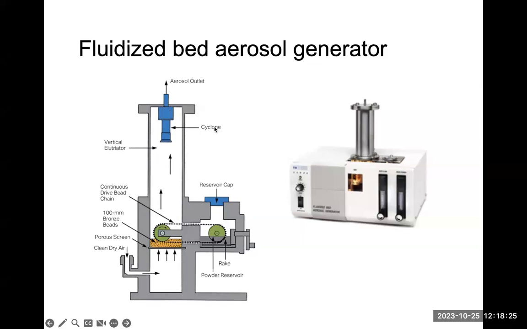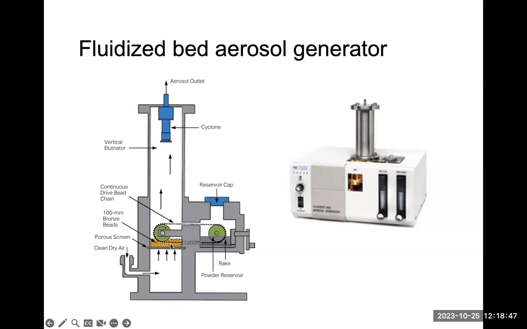At the same time, there's a cyclone here to remove all of these larger beads, preventing them from going out. If you want to suspend some dust or larger aerosols, for example coal particles or tiny road dust, you just put those materials into the other reservoir.